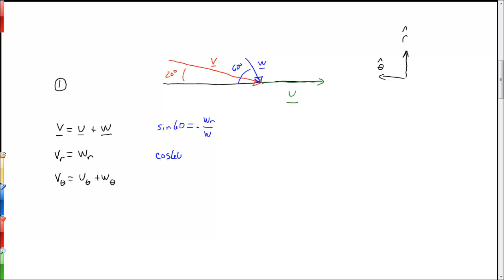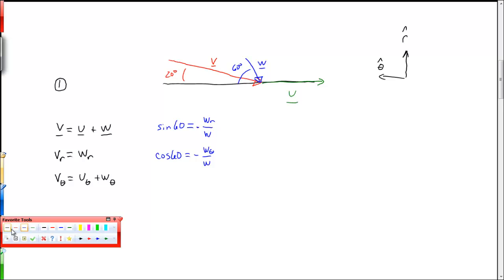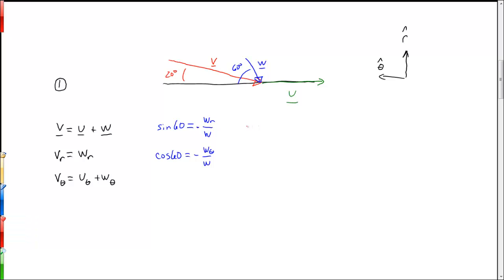Cosine of 60, similarly, is going to be minus W theta over W. And we can do the same thing for our absolute velocity. We get sine of 20 equals minus VR over V, and cosine of 20 equals minus V theta over V.